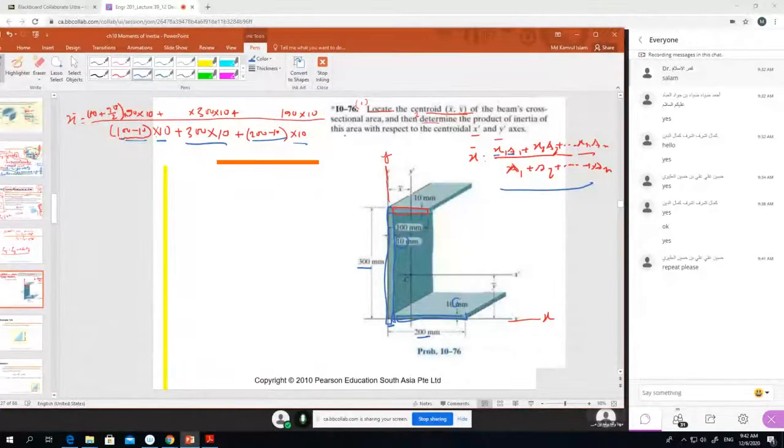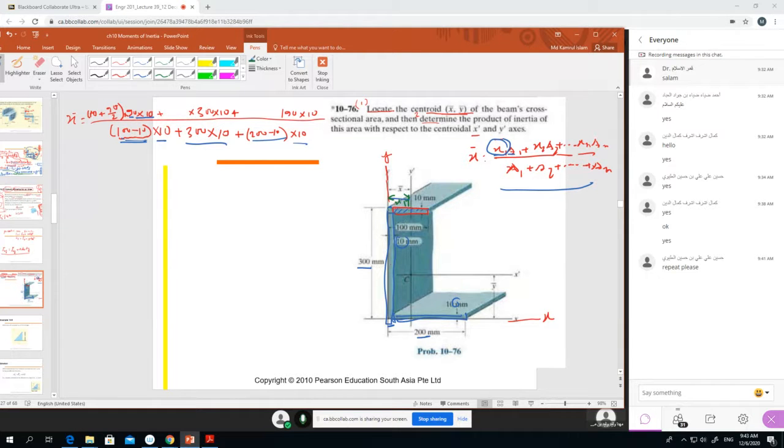Now here a1 into x1. What is a1? We already know it. Now we need to multiply with x1. What is x1? x1 is the distance for this section, from y to the center of the rectangle. So the center is here, and this is x1.